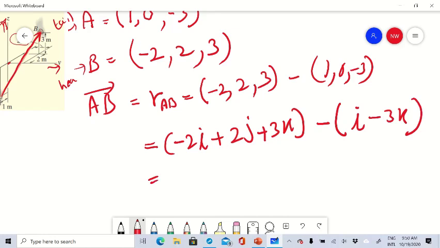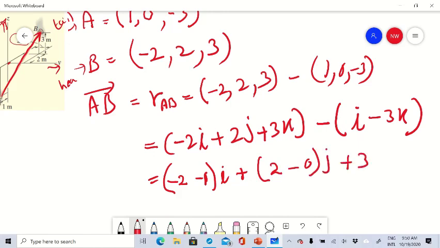So if I take the i terms together, I get -2 minus 1 times i, plus if I take the j terms together, 2 minus 0 times j, plus 3 k terms together, right?